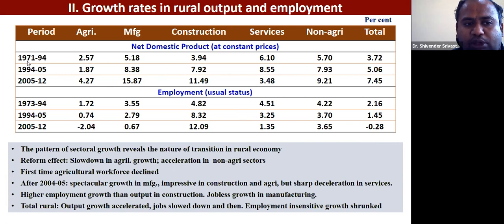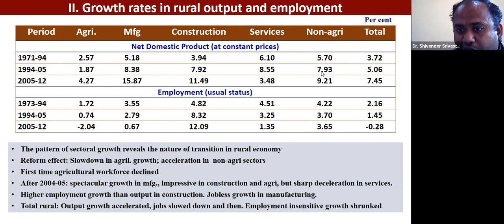For example, between 1970-71 and 1994, agriculture grew at an annual rate of about 2.5%. But in the post-liberalization period, after 1991 to 2004, the growth rate in agriculture actually decelerated. It increased only 1.8%. But if you see the non-agriculture growth rate, it has increased by 7% or 8%.